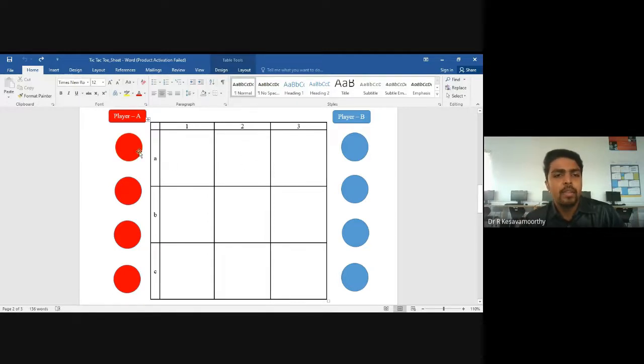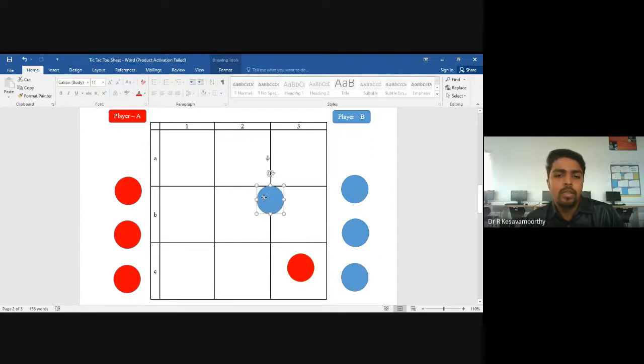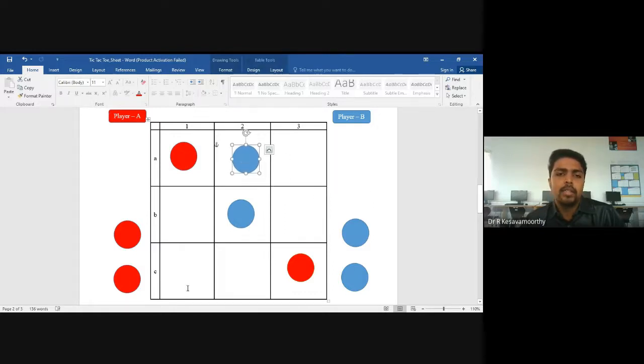So this time, let us assume that player A goes here, and player B goes here, and again player A goes here, and player B goes here, and player A makes a move here, and player B may try to block it.